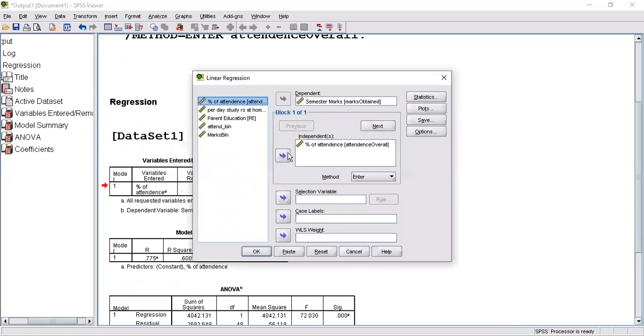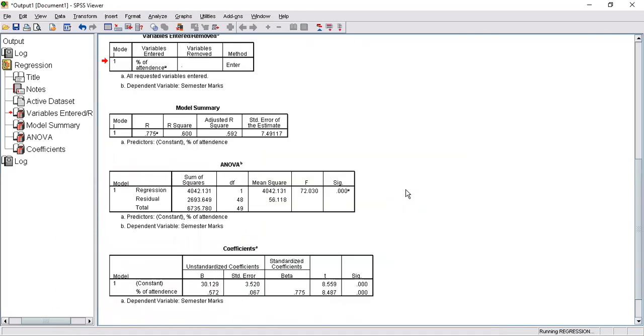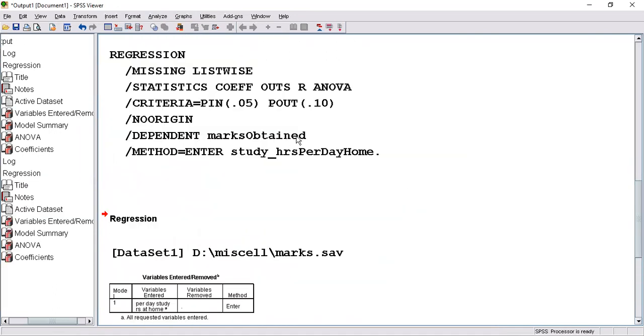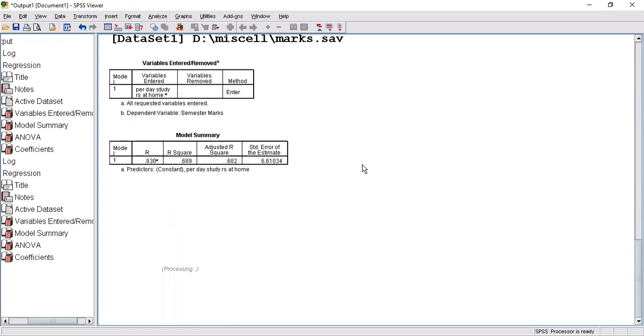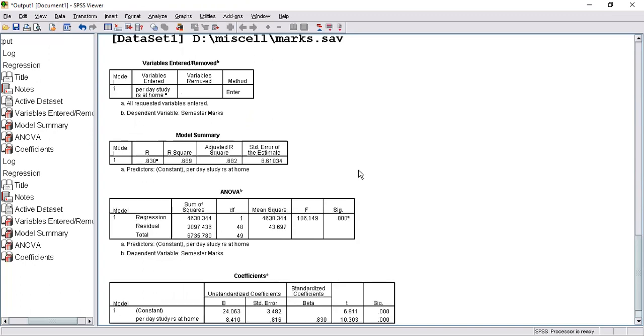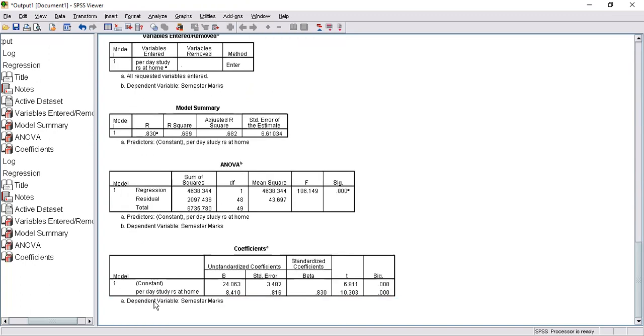This time I take out attendance, and I bring in per day study hours. Then again there is a simple regression with the same dependent variable. The dependent variable is marks, and the independent is now study hours at home. Again, we will get a regression equation with the help of beta 0 and beta 1.